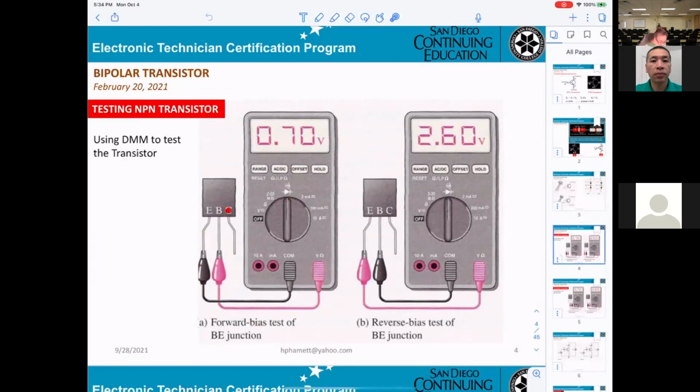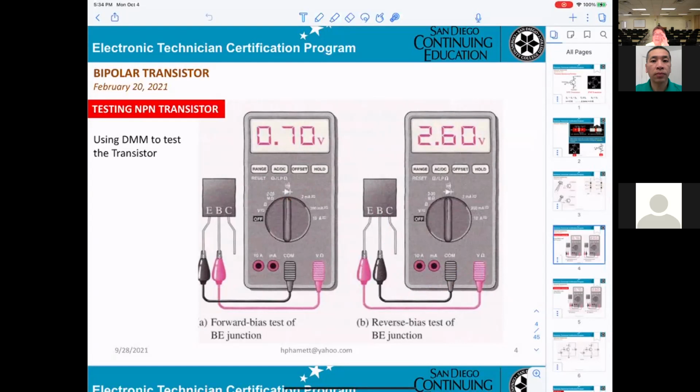That means it's working. And now reverse it: positive to the emitter and the base to the ground. Basically, you get a bigger voltage.